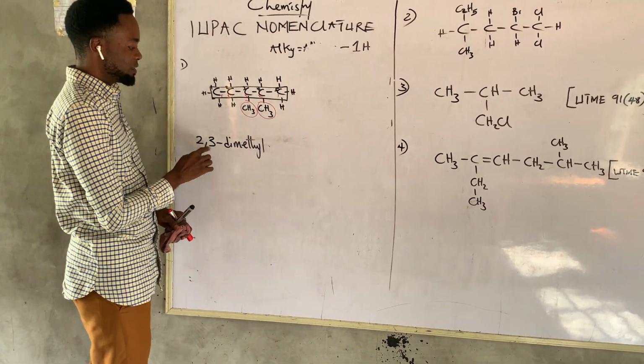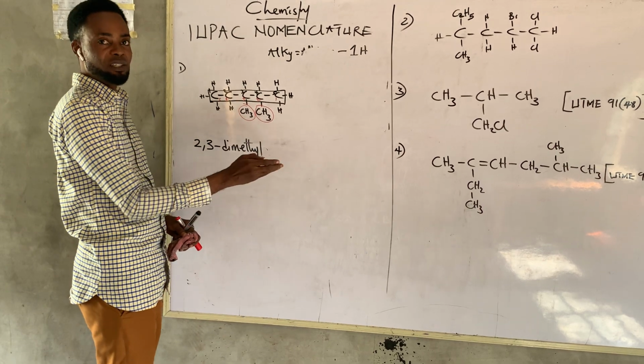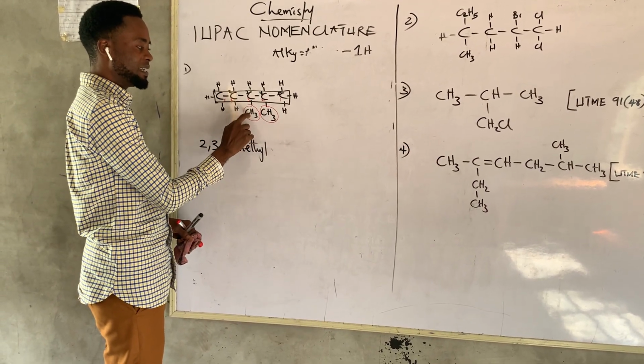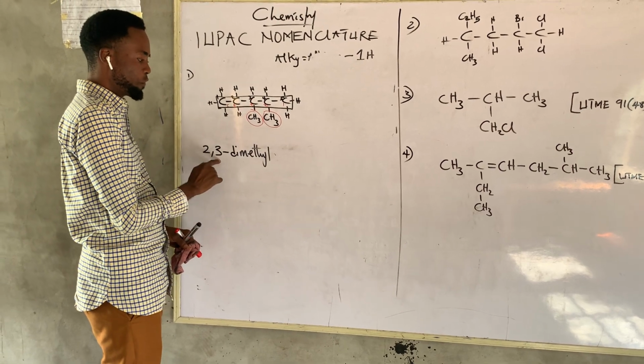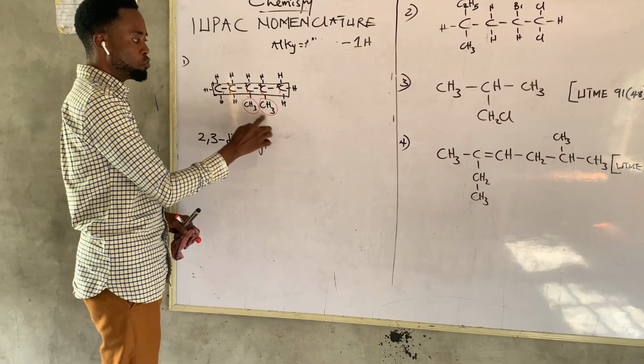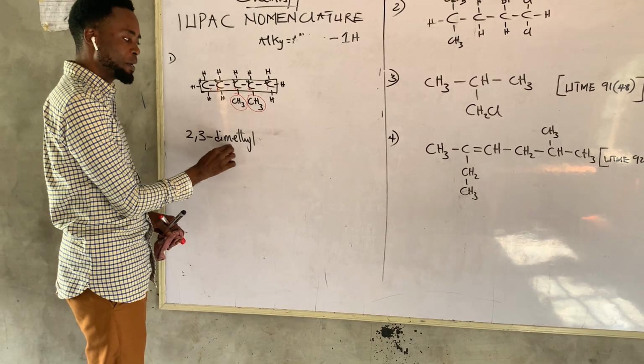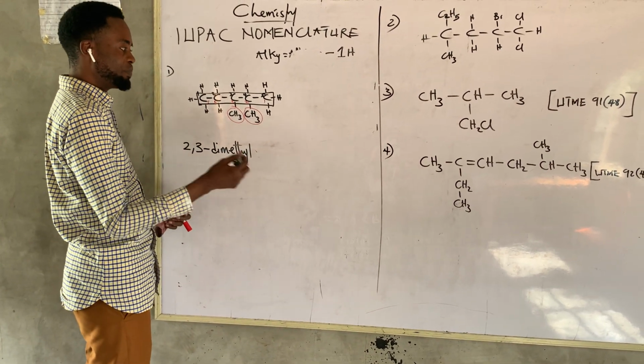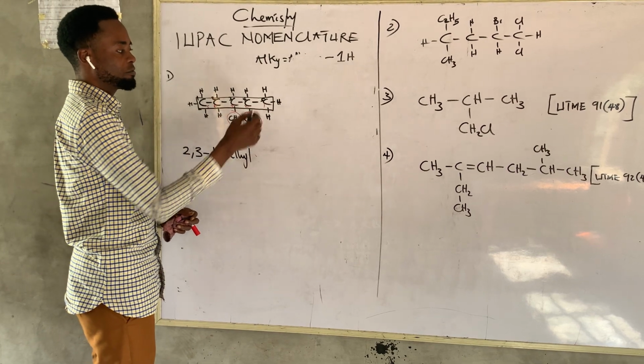And 2, 3 signifies the position of the branching. That is, one methyl is on carbon 2, another methyl is on carbon 3. That is why we have 2, 3. And because there are 2 methyls, we have dimethyl. So we have 2, 3 dimethyl. Then the parent name, 1, 2, 3, 4, 5, is pentane.